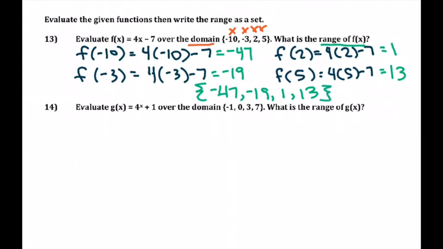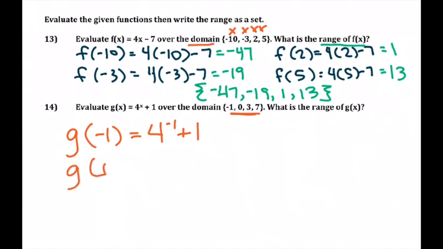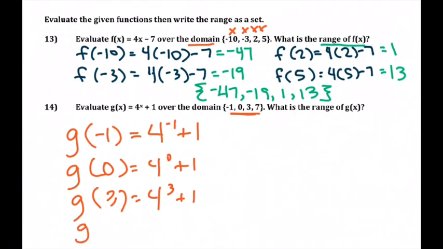That's the answer. So trying the next one, g of x equals 4 to the x plus 1, and my range are those four numbers. So write it out. Okay, 4 to the negative 1 is 1/4 plus 1, and that's 1.25.